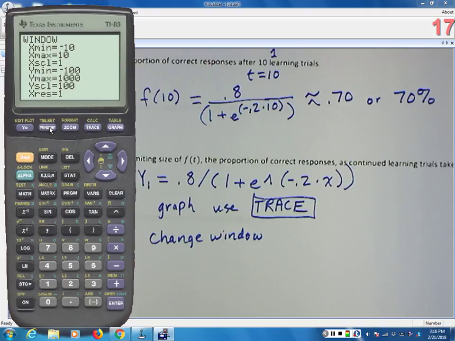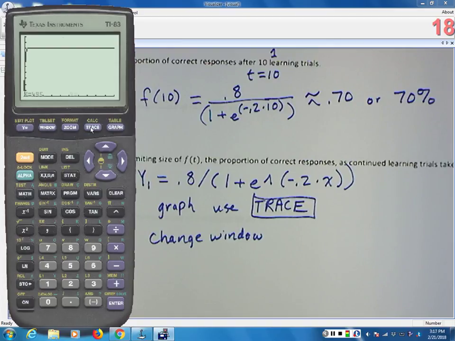We can make x go up to 1,000, say, and the scale be 100. But y, oh my gosh, look at the y. No wonder we couldn't see anything. y needs to go from 0 to 1, and maybe we'll have the scale at 0.1. Now we can graph it. Okay.